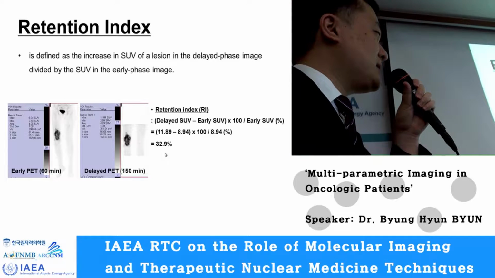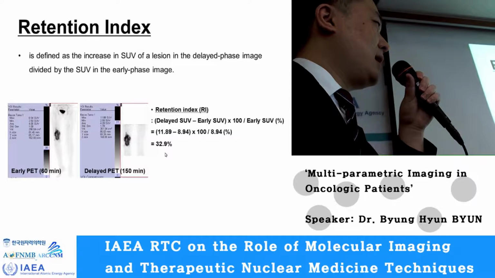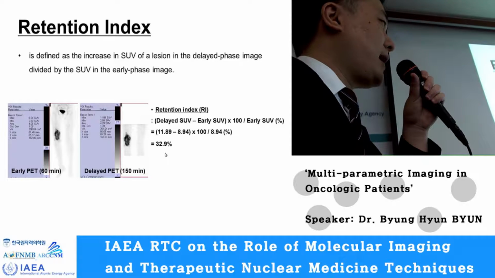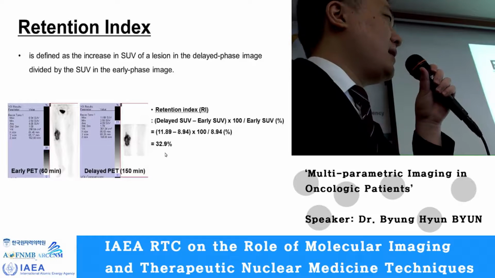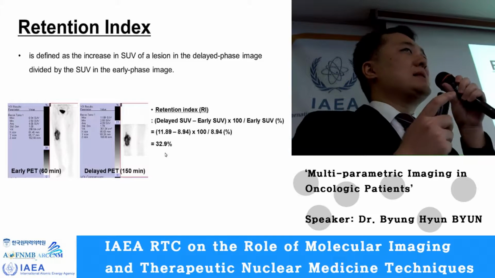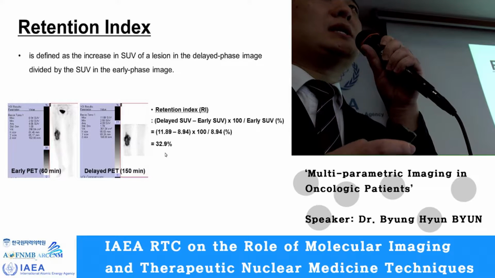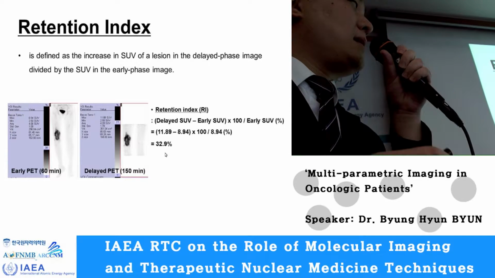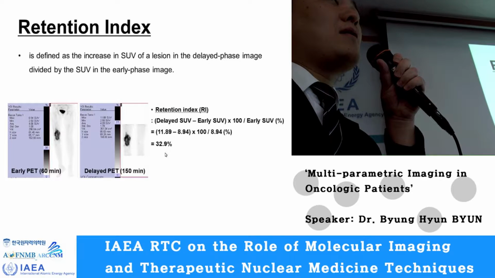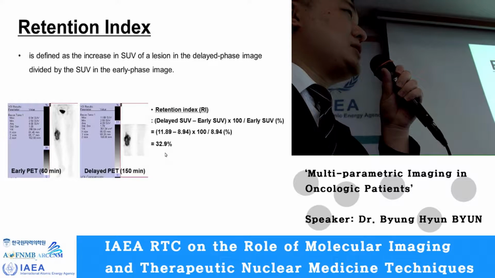So the retention index is calculated with the following formula, and it was about 33%. It means that on the delayed PET image, SUV max increased more than 30% compared to the early PET image.